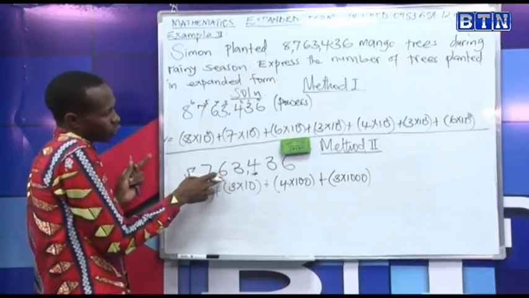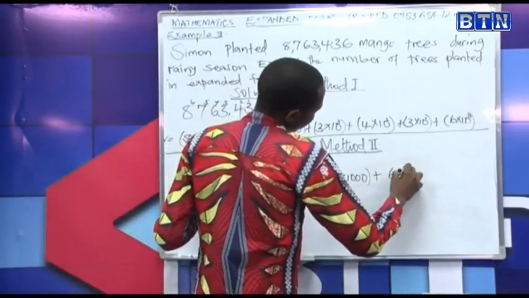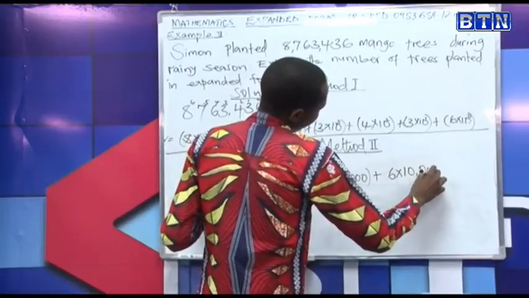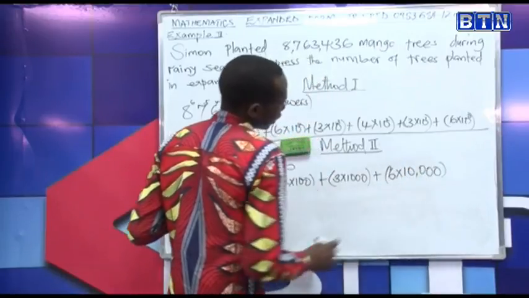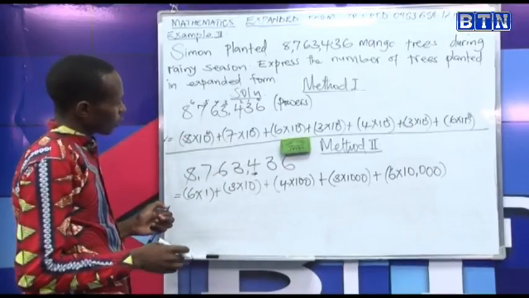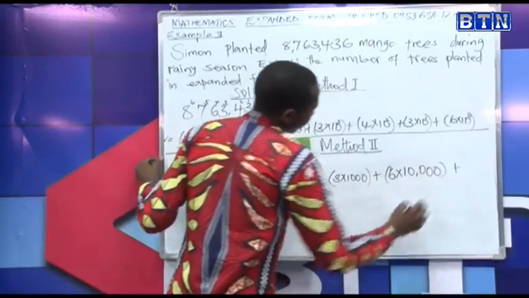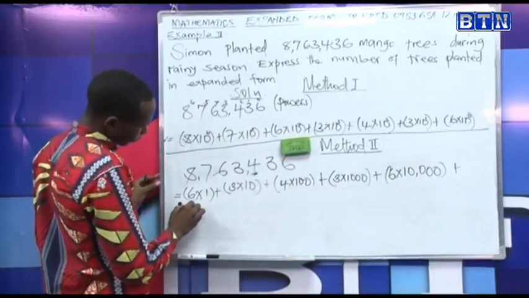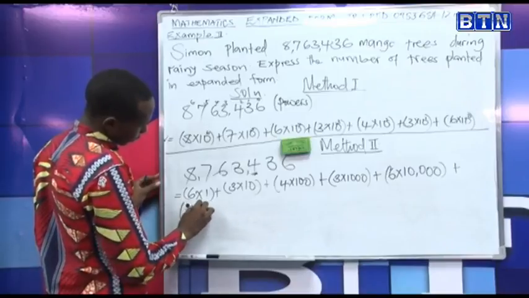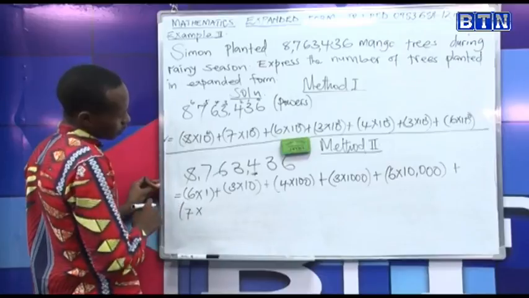Then from there we shall continue to 6. I'll say plus 6 times 10,000. We are multiplying by 10,000 because 6 is under the place value of 10,000. Then from there we shall continue and add 7. 7 times 100,000 because 7 is under the place value of 100,000.